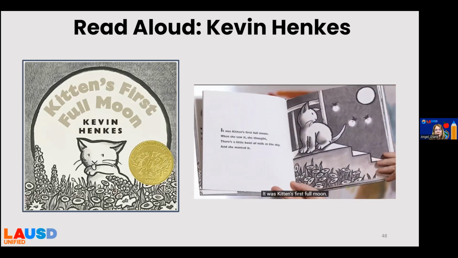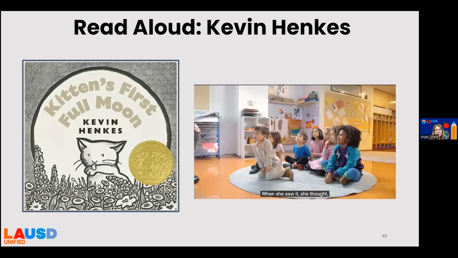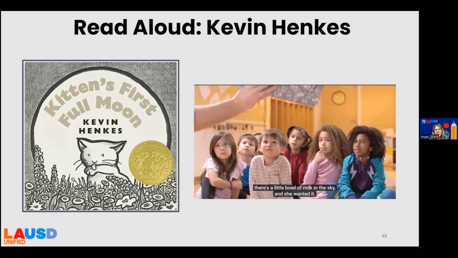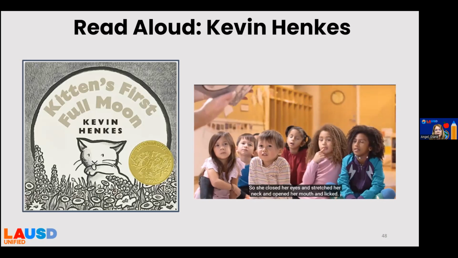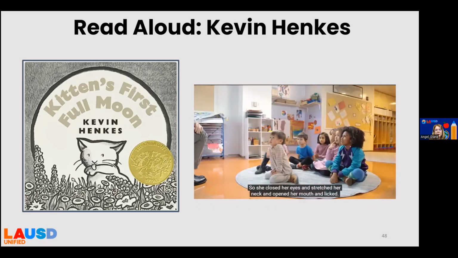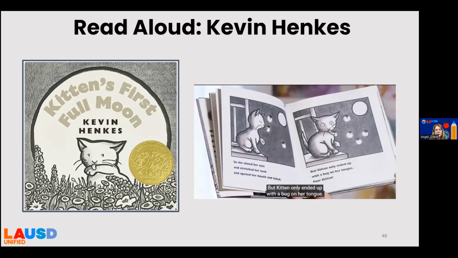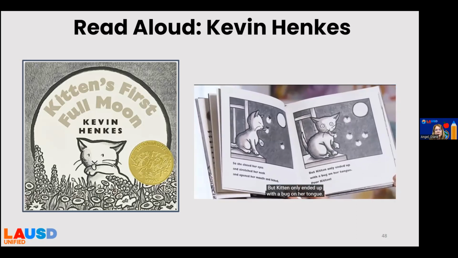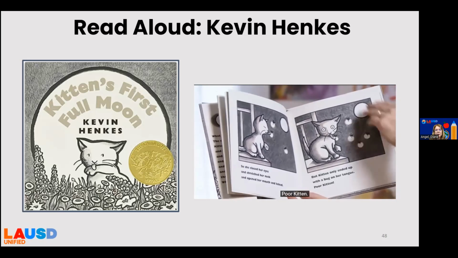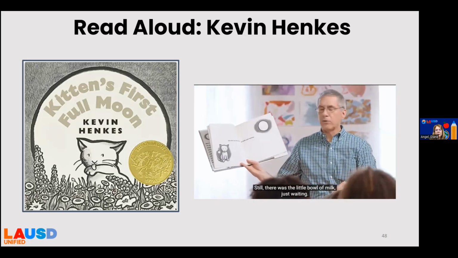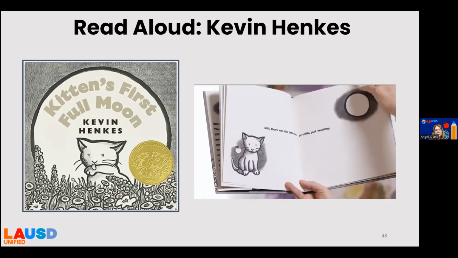It was Kitten's first full moon. When she saw it, she thought, there's a little bowl of milk in the sky, and she wanted it. So she closed her eyes and stretched her neck and opened her mouth and licked. But Kitten only ended up with a bug on her tongue. Poor Kitten. Still, there was the little bowl of milk, just waiting.